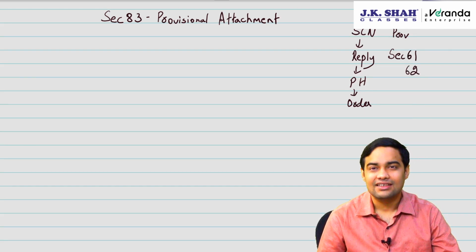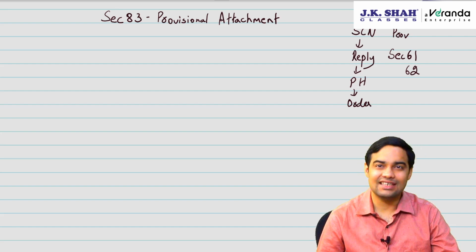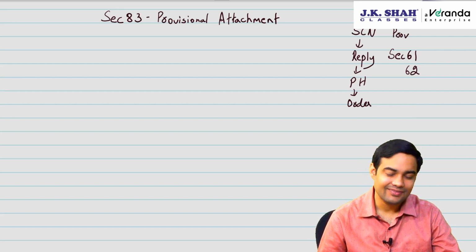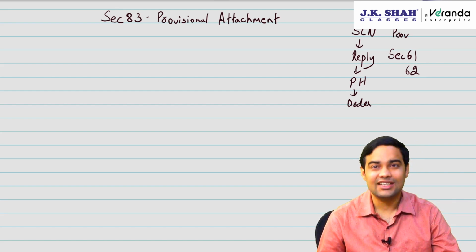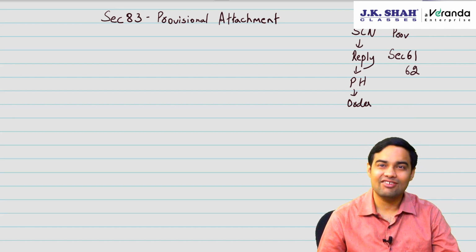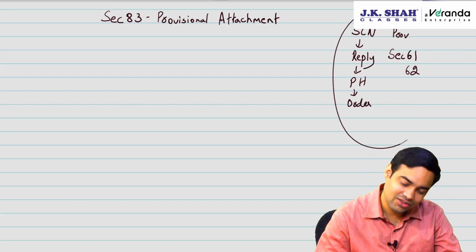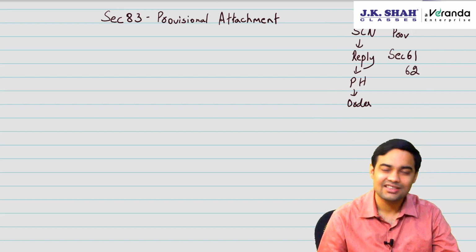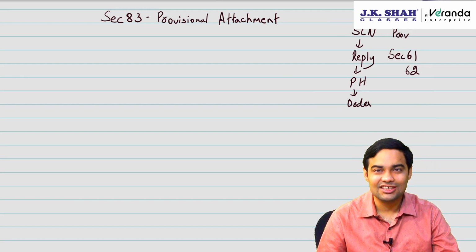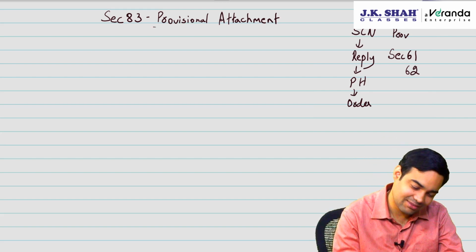Till then, can the government take away the property of the person who the government thinks has evaded tax? No, because an order has to be passed, then he should be given an opportunity to file an appeal. But during this period, he might run away with the assets. He might also dispose of those assets, and that's why there is something called provisional attachment.